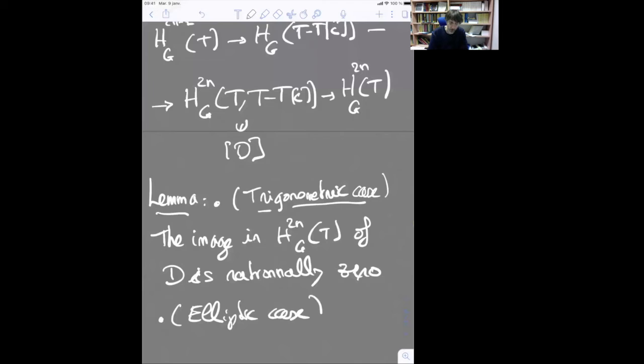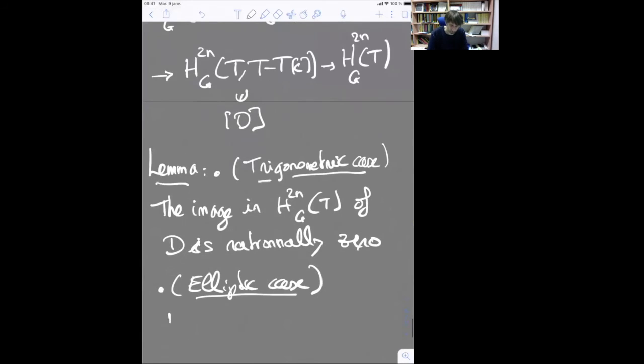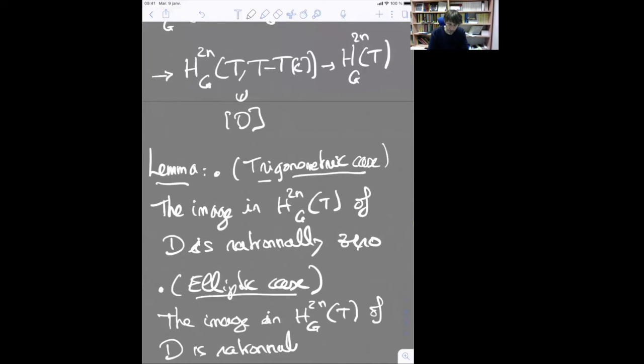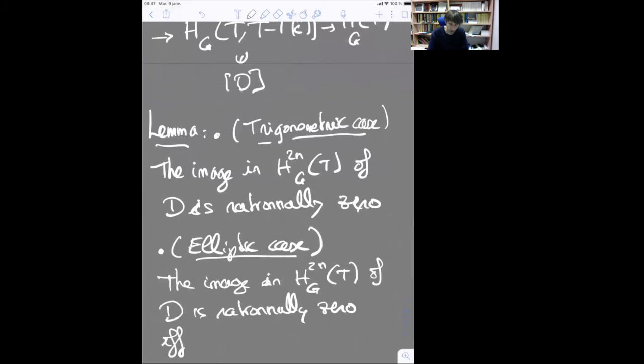And in the elliptic case, the image of D is rationally 0 if and only if the degree of D is 0.